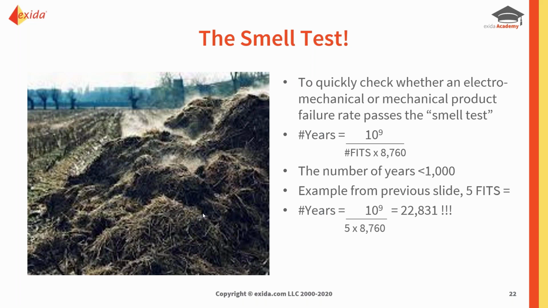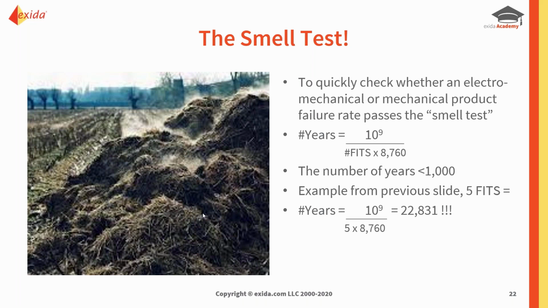So what you can do, if you want to put it into a more understandable way of looking at it, is convert it to years. So the number of years would of course be 10 to the 9 divided by the number of FITs times the number of hours in a year. So if the number should be much less than 1,000, that's being very generous. So let's take an example. We had the 5 FITs.